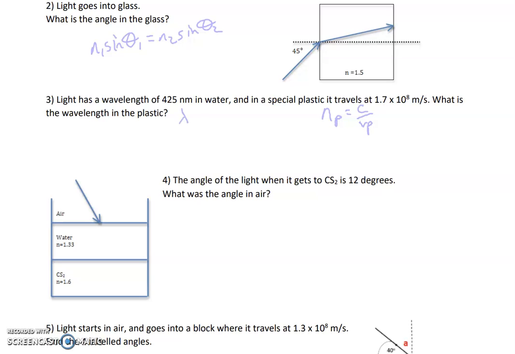One of the ratios would be lambda 1 over lambda 2 is equal to n2 over n1. Just cross multiply and divide and figure it out. Of course, the 1s and 2s are flipped because as the index gets higher, the wavelength gets shorter. So why not find the index of the plastic and then use a basic ratio in order to figure out what the wavelength in the plastic would be.